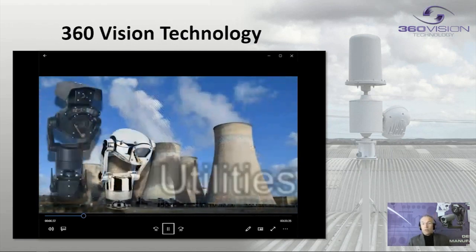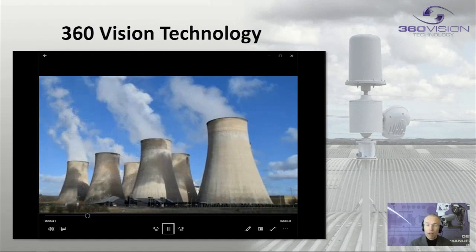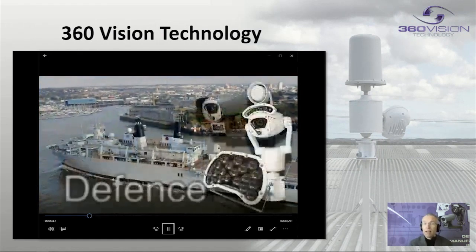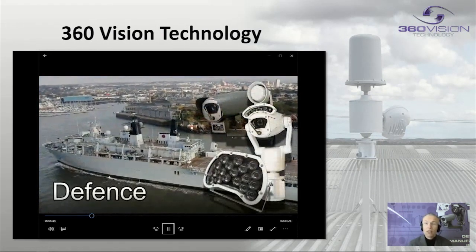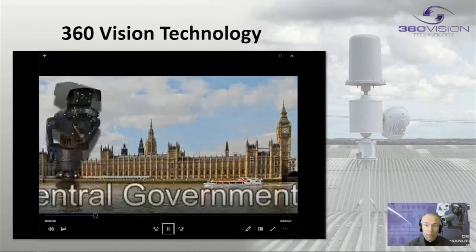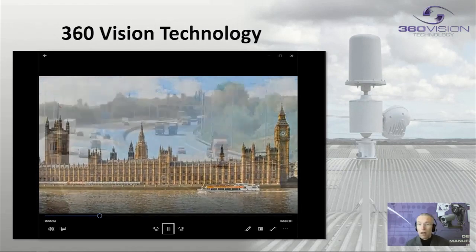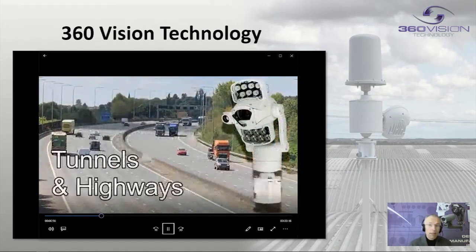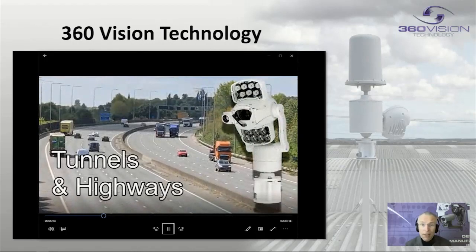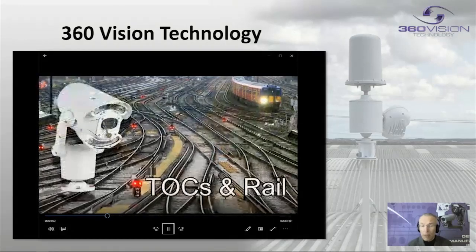Now, the product range we produce at 360 Vision is focused very much on ruggedized PTZ devices and fixed camera devices, essentially the edge devices for your surveillance solution. And as you can see, there are many vertical markets which our products are suitable for. They come in many different shapes and sizes, and some of those you can see on the screen for each slide that appears.